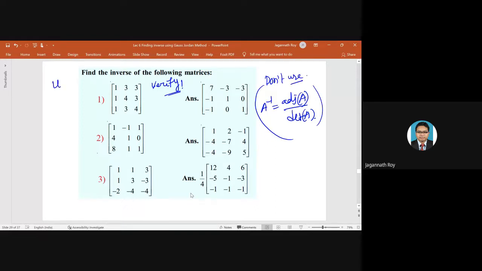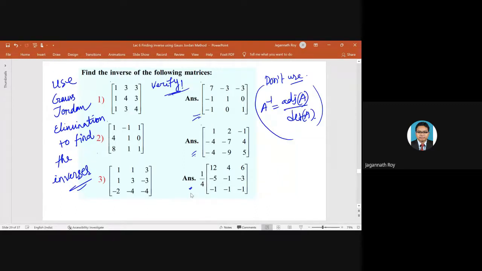Use Gauss Jordan elimination to find the inverses of the given matrix. Verify whether these results are correct or not. If you find any discrepancies, just inform me. I'll do the changes accordingly.